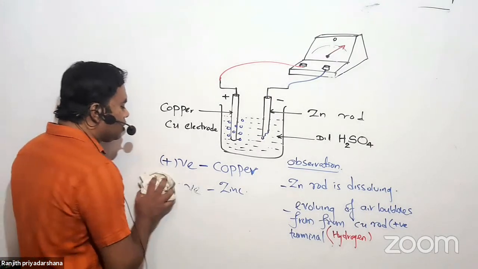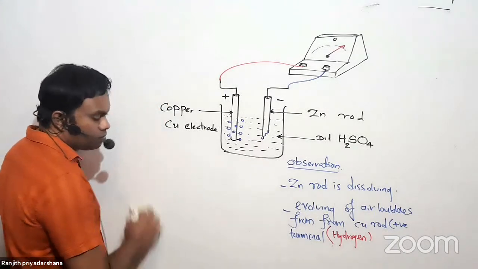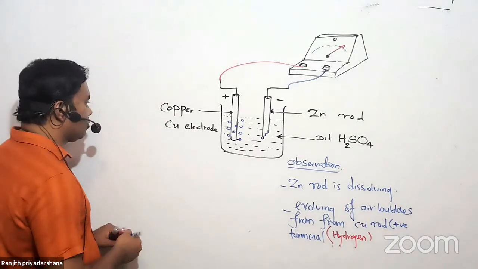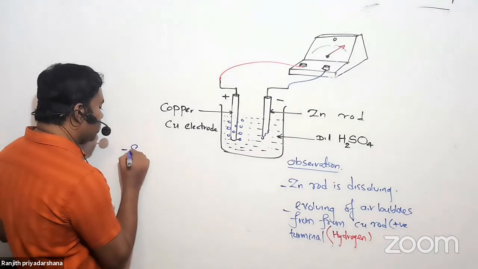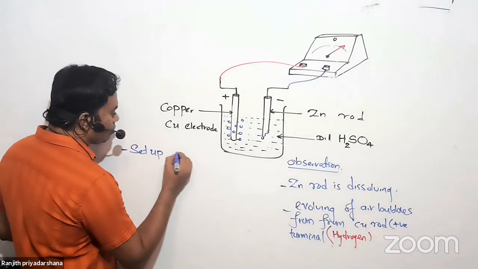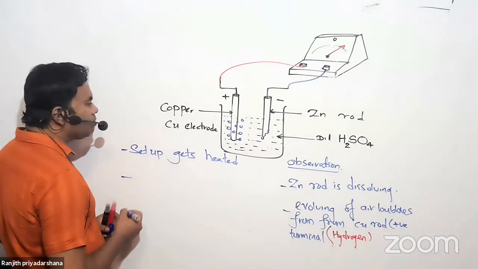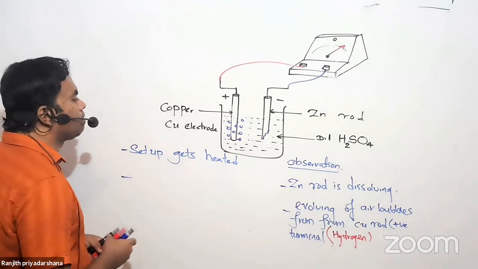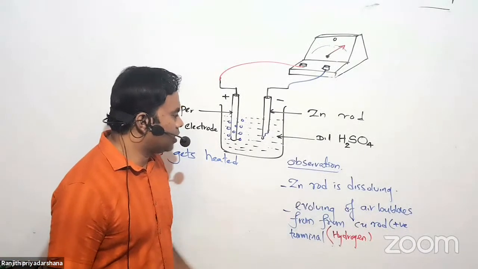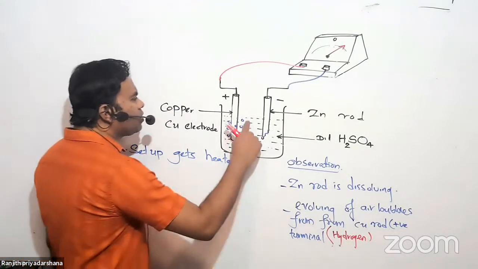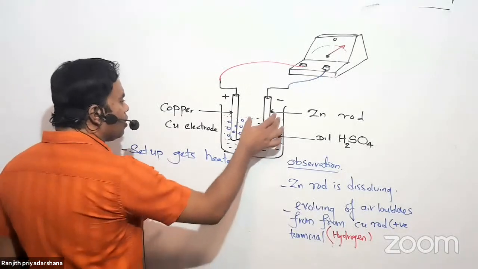Another observation, as you said, the setup gets heated. The zinc rod gets dissolved, we have already mentioned that. What happens to the volume of the electrolyte, the dilute sulfuric acid in the container?